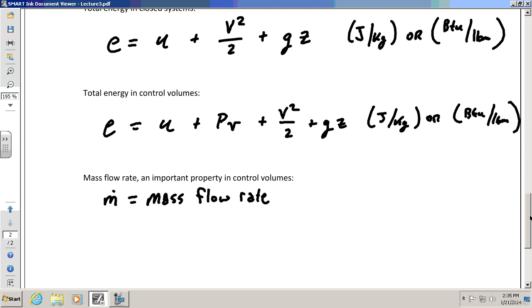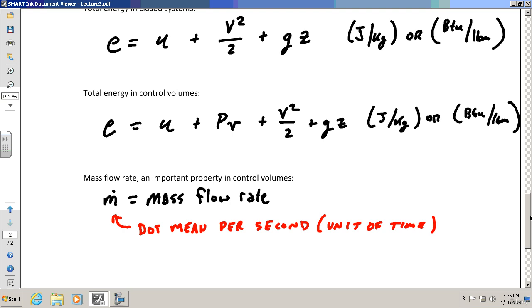Just as a side note, when I put a dot over the top, the dot means per unit of time, but it's really per second, because I don't think we'll ever do much else besides per second. So every time you see a dot over top of a letter, that means it's basically per second. So m dot means mass per second. Obviously that's flow. Mass per second.